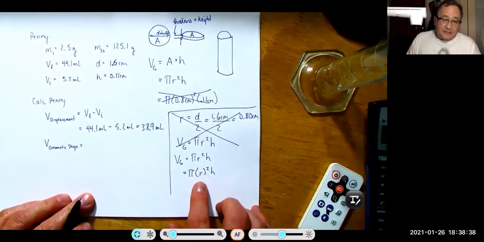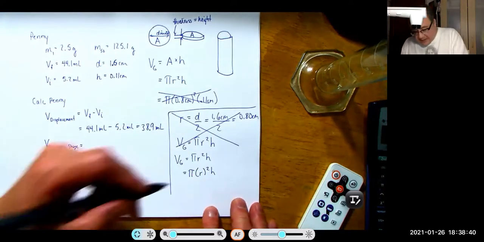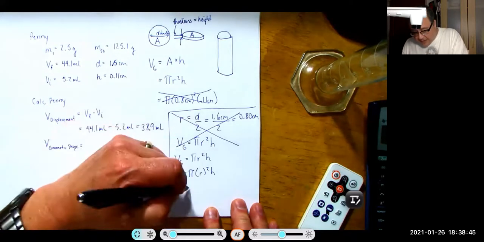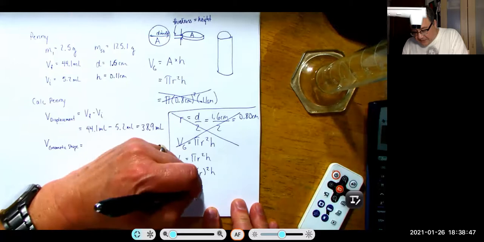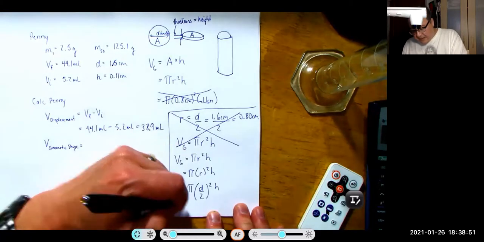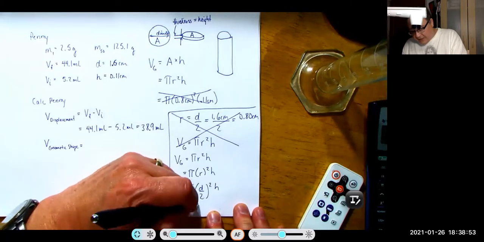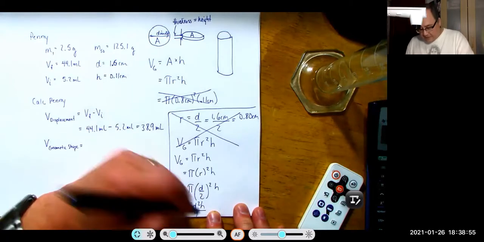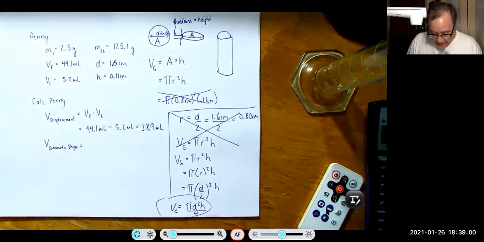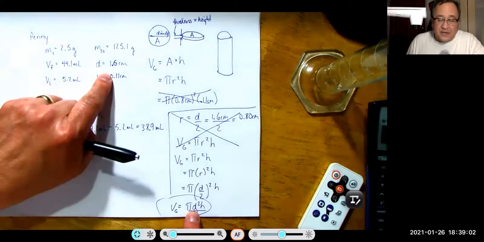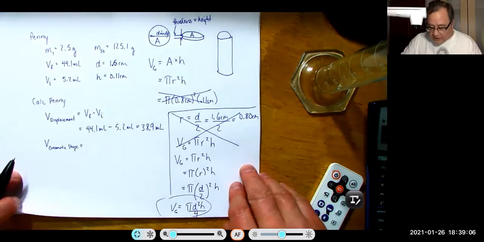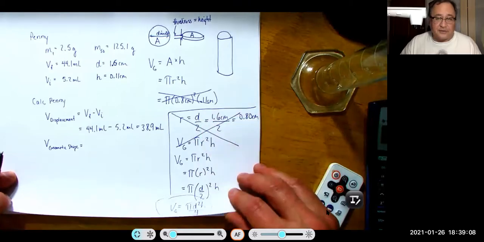This is the same thing as above. And since the radius is diameter divided by 2, I'm going to put pi diameter divided by 2 squared h. And then I get pi d squared h over 4. So here's what I would actually use, because that way I can use the number I get for the diameter directly and not have to halve it. Regardless of which way you do it, you should get the same answer.